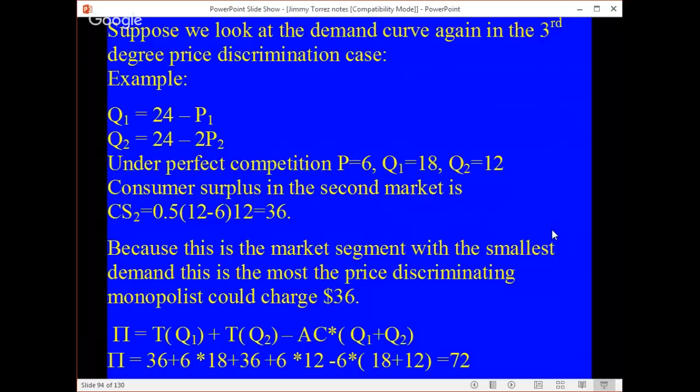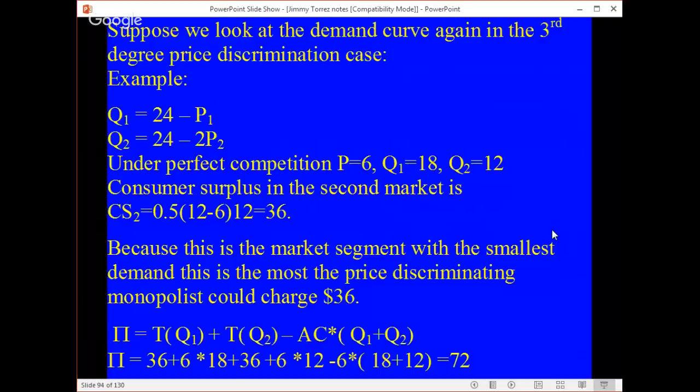That's their consumer surplus. That's the price I want to charge to group 2. But there are laws, so I probably have to charge the same price to both groups.